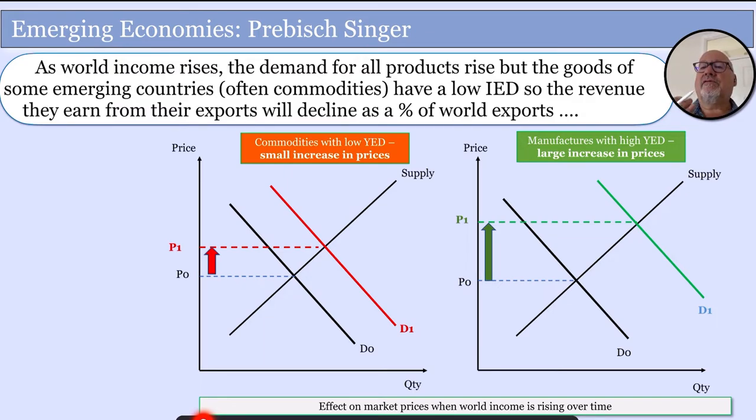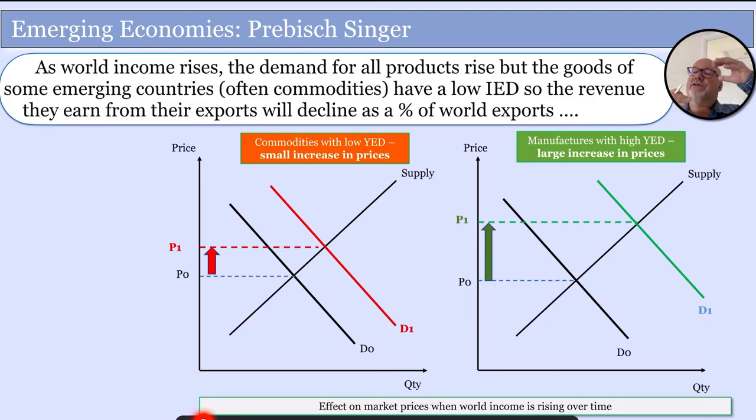So the revenue that they're getting is going to slow down. It's going to rise, but at a slower rate than these large increases for manufactured goods. So therefore, the suggestion is they're going to decline as a percentage of the world exports. So they're still going to rise, but as a percentage, they're not going to rise as much.